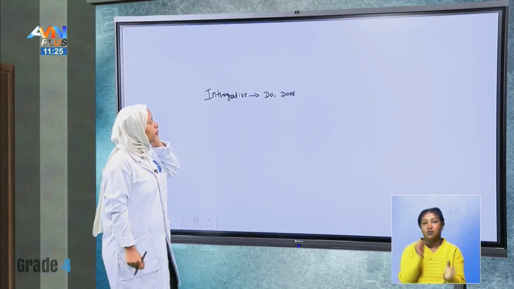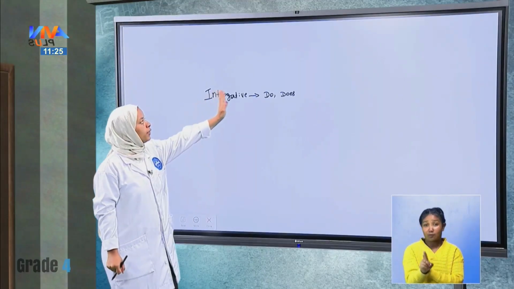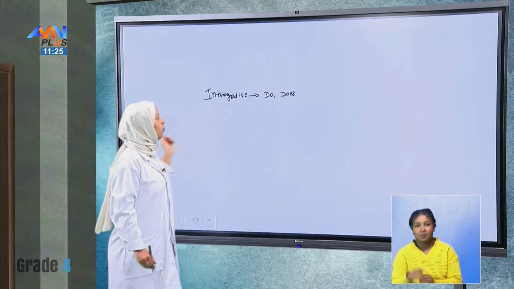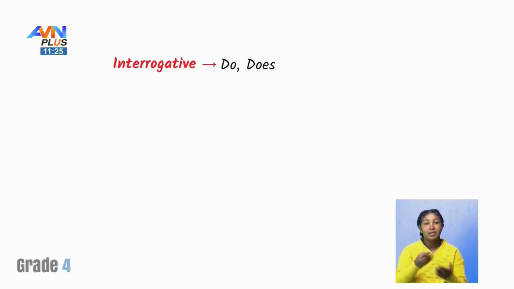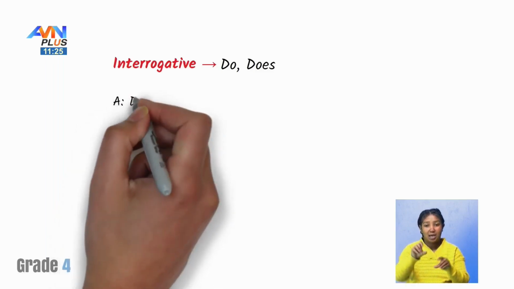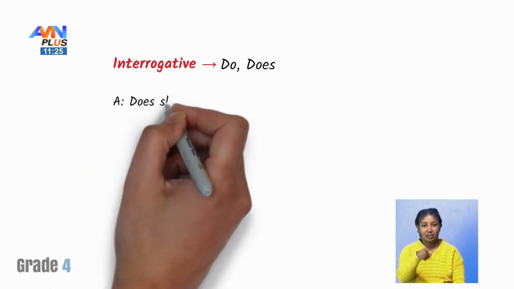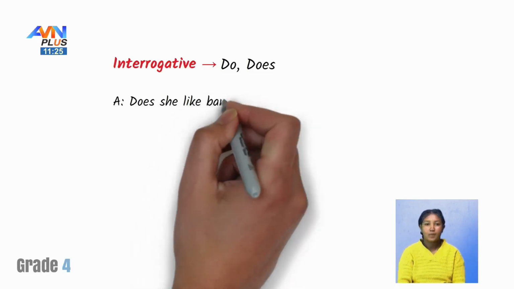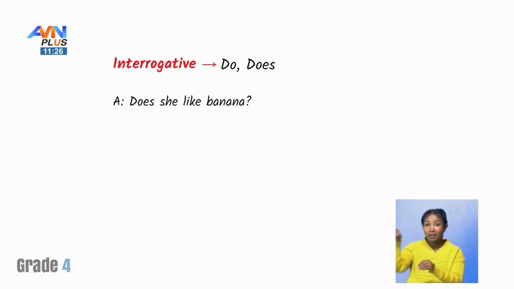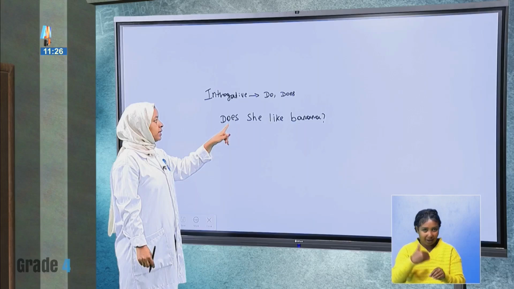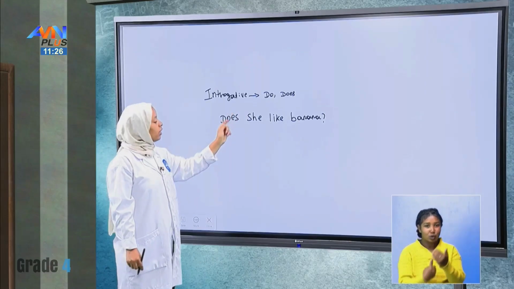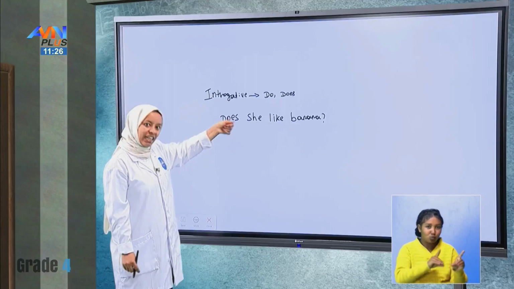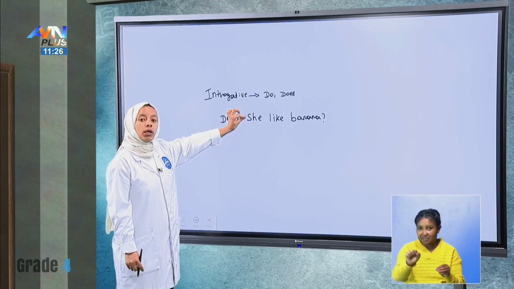For example, here is does she like banana? Students, look here, it is does because this is a singular subject. Like go, goes, like do, does, because this is the singular subject.